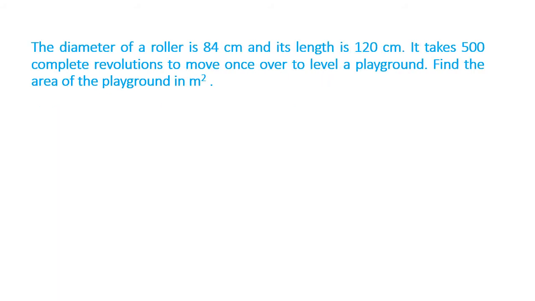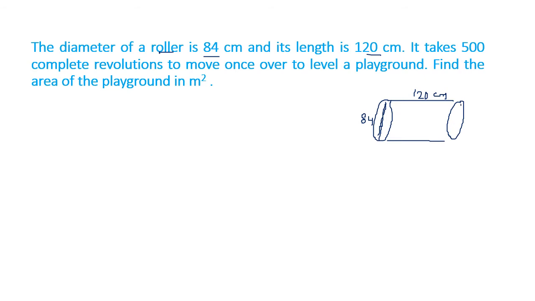Next one we have an interesting one. There is a cylindrical roller whose diameter is 84 centimeter and the length is 120 centimeters. This is a roller, 120 centimeter in length, 84 centimeter diameter.